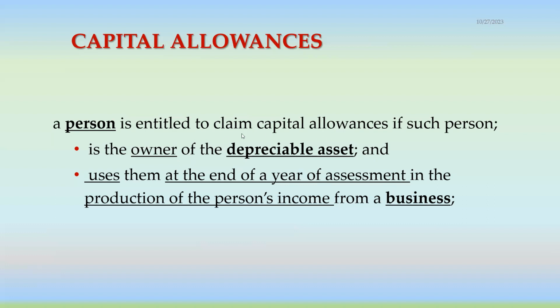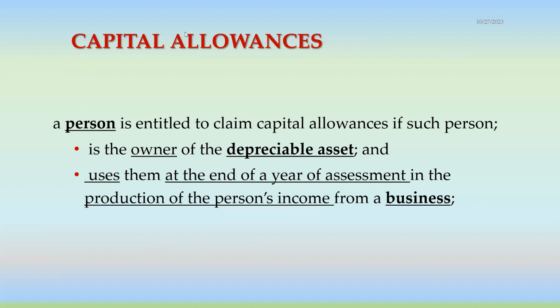I will explain what the depreciable assets are. If that person is the owner of the depreciable asset and uses it at the end of the year of assessment, in the production of the person's income from a business.